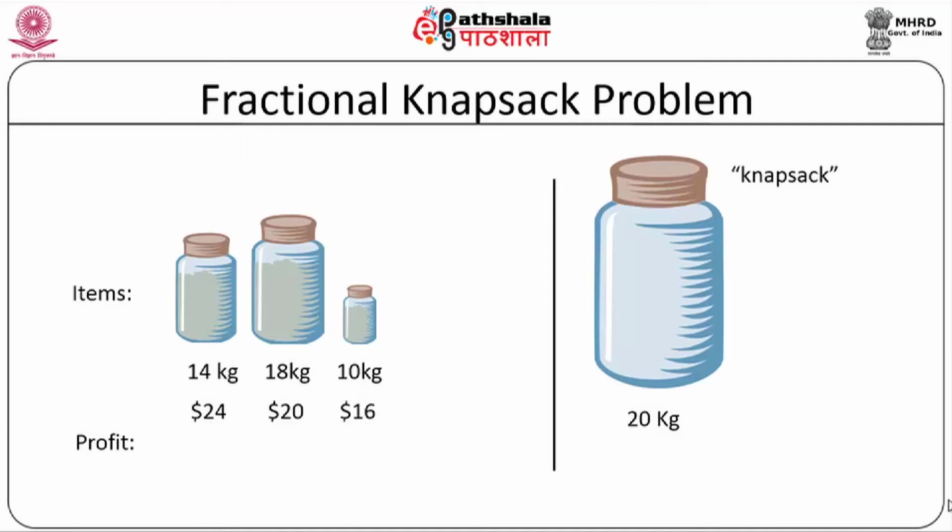So, the knapsack problem is we have to load the smaller things into the larger thing, so that we can get maximum profit. This is the fractional knapsack problem. That means we can take a part of the item onto the knapsack.